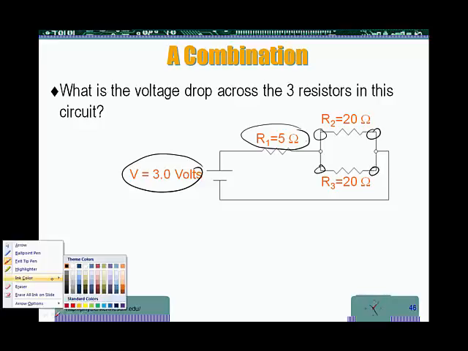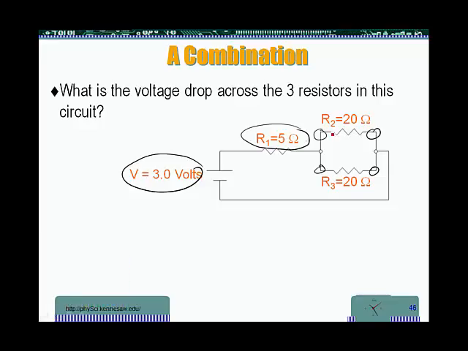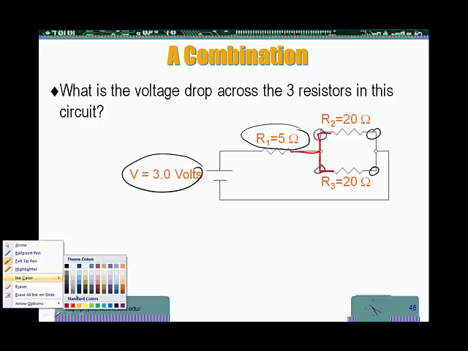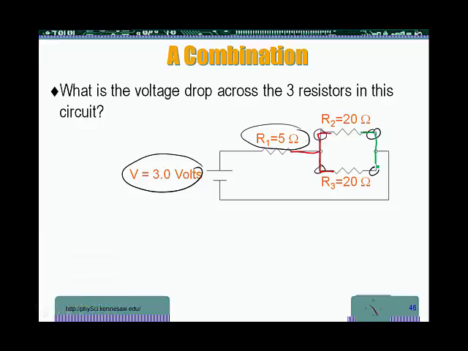If we use the color code, we have all that area at the same electrical potential, and all of this at the same electrical potential, which says that the voltage change or the voltage drop across R2 is the same as the voltage drop across R3. In both cases, we go from green to red. Okay.